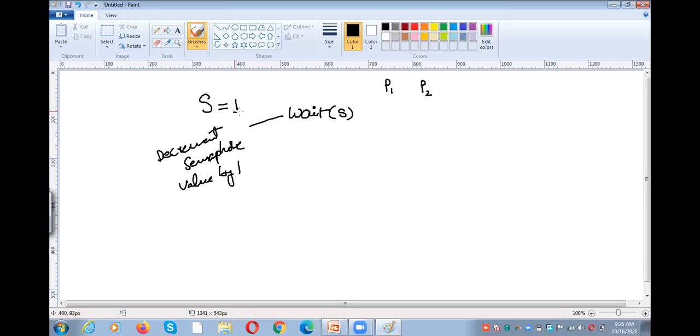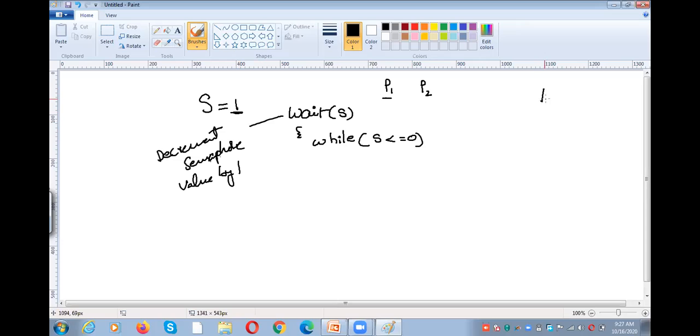Initially the semaphore value is set to 1. For example, if process P1 wants to perform the wait operation on the semaphore, before performing it, the process has to check whether the value of the semaphore is greater than 0 or not. Why?